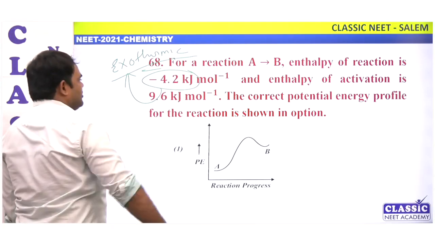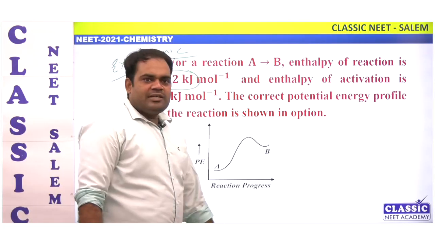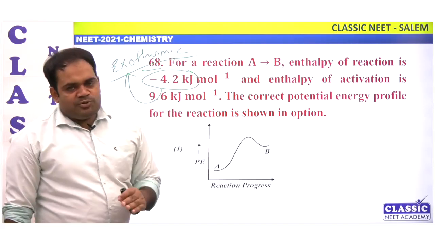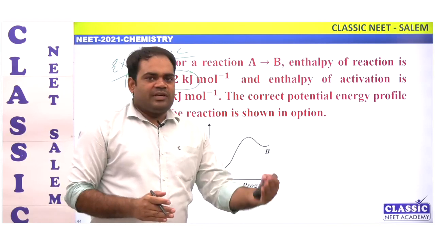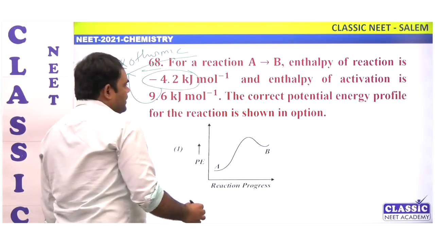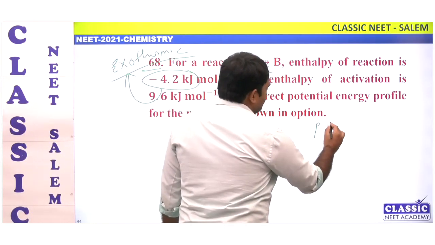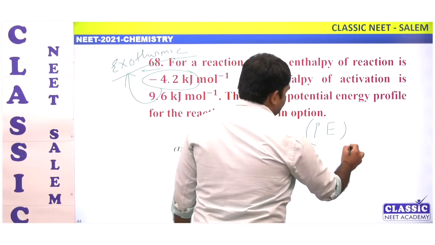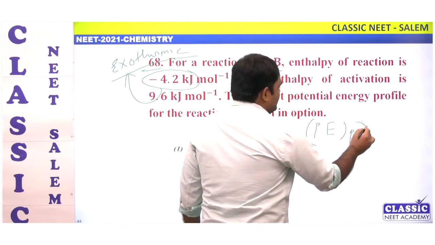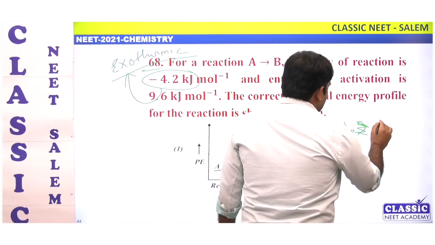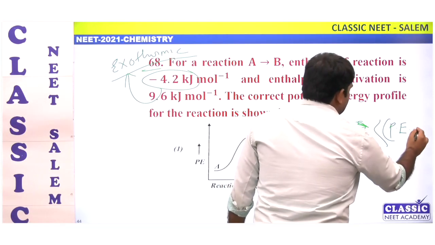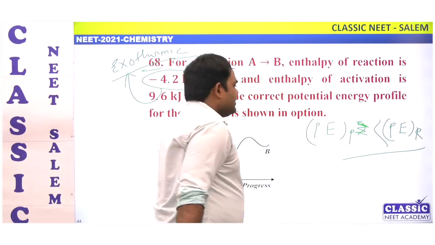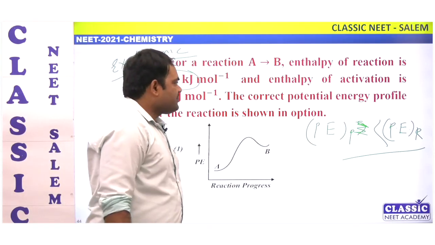Beta, for the exothermic reaction, is the potential energy of the product less or more than the reactant? For an exothermic reaction, the potential energy of the product is less than the potential energy of the reactant.